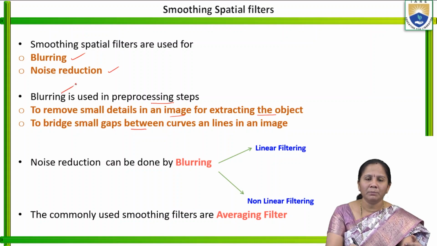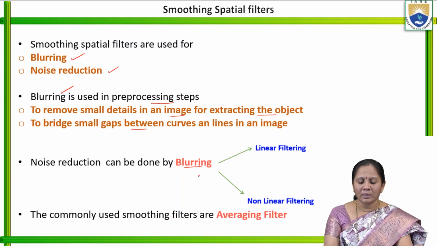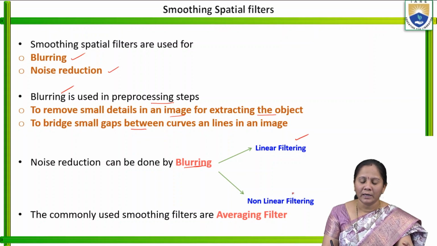Using this blurring, noise can be reduced, and this can also be done by using basic filters like the low pass filter. Noise reduction by blurring can be done using two types: one is linear filtering and the other is non-linear filtering. In this session, we are going to discuss linear filtering, and in the upcoming sessions, we will discuss non-linear filtering.